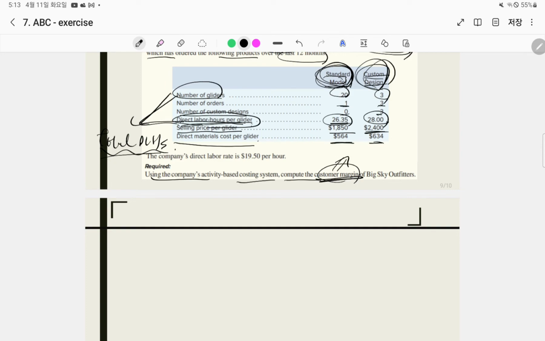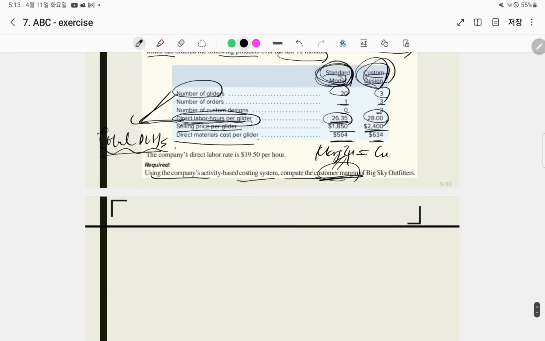So customer margin is defined by revenue from the customer minus cost incurred for the specific customer. So revenue minus cost is the customer margin. So revenues, how about the revenues?